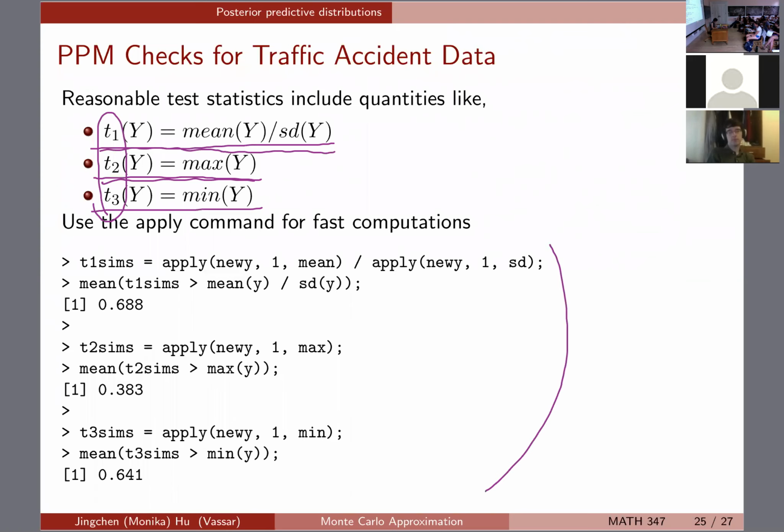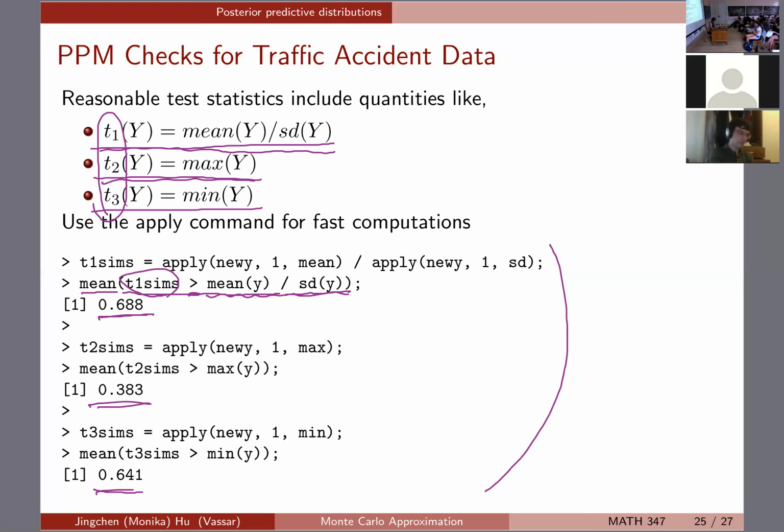In this case, you can plot them, but also remember we talked about how you can return the probability of being larger than the truth. Over here, I got 3 probabilities, each for a specific statistic. They're not that extreme, right? They're all kind of in the middle, because all of this is comparing the truth against what you can get from each of the generated data sets. With 0.68, 0.38, 0.64, it's not saying that it's a bad model.